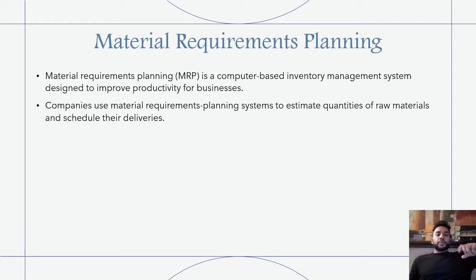Basically, you have to source the raw material, which is the motherboard, the glass, the battery, the chips, the microphone, whatever goes into manufacturing a cell phone. Software, right? But software is not part of MRP, it's mostly the raw material.